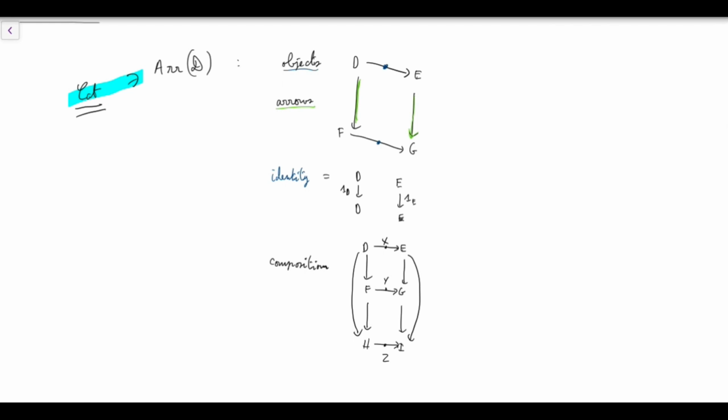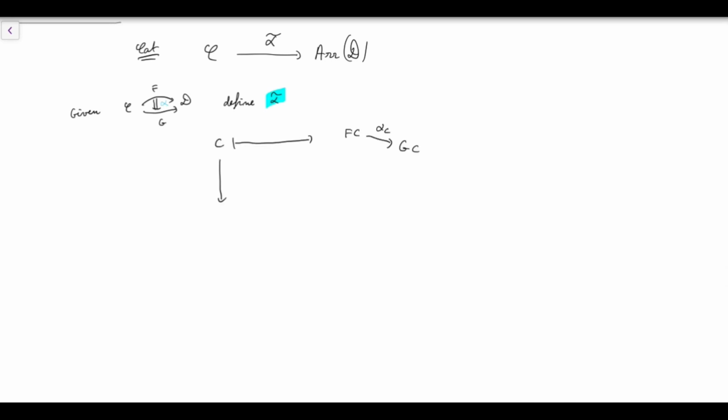Now that we've defined this category arrow D, can we try to define this alpha tilde? That is, given some natural transformation, can we define alpha tilde as a functor from C to arrow D? So for this, to each object C of C, we will associate the morphism of D, which is an object of arrow D, alpha C. And to f, we would associate the pair Ff and Gf.